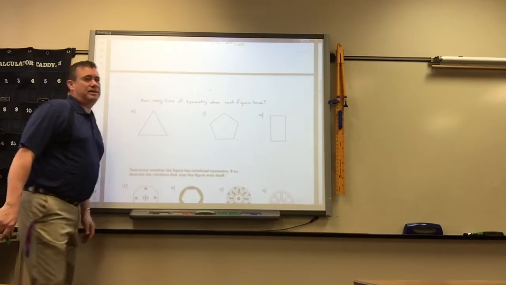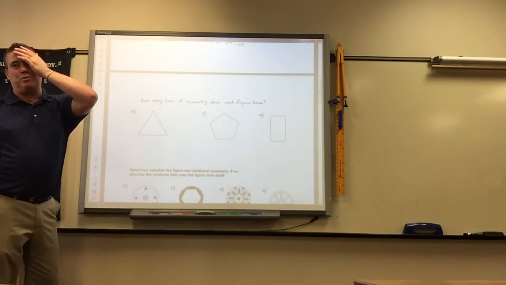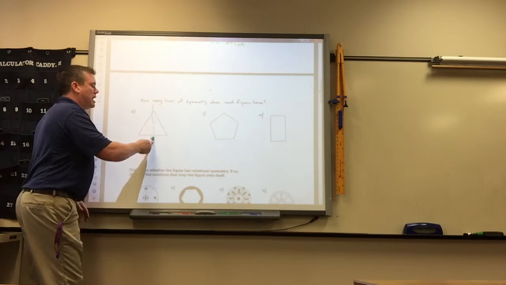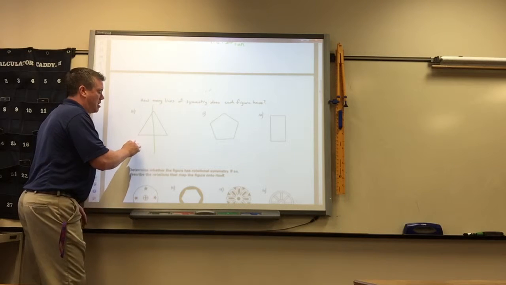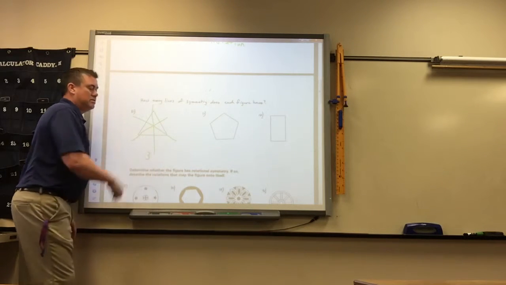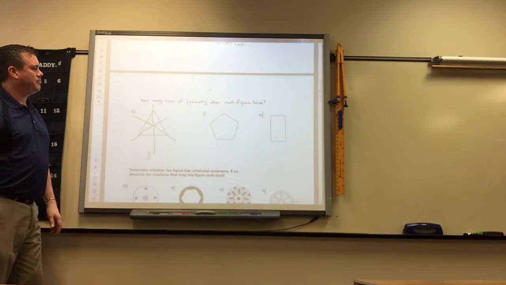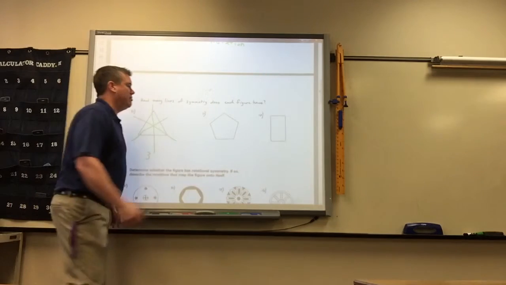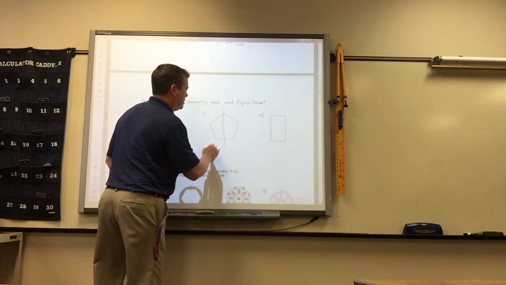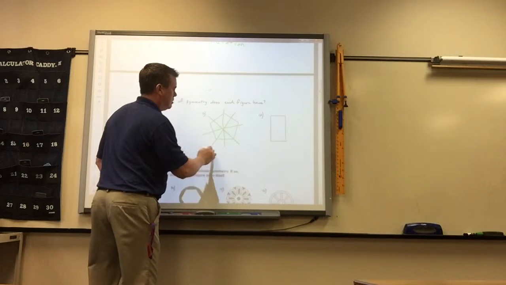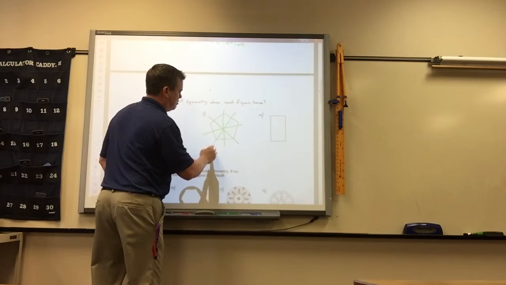Lines of symmetry, that'd be like if you could cut it into two equal pieces that would fold on top of each other. So if it's an equilateral, or if it's a regular polygon, however many sides it has, that's how many lines of symmetry it would have. So a pentagon would have how many? 5. Through each point. Did I miss one?